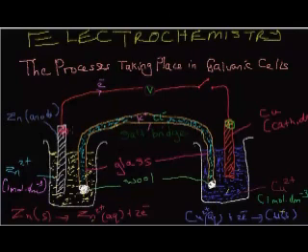Now we have the movement of electrons from the anode to the cathode. That is the direction of movement of our electrons. Therefore, we are saying that our electrical current is moving from the anode to the cathode.